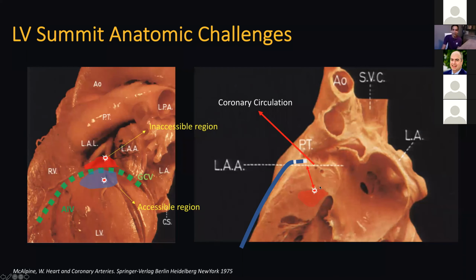So if you're in the GCV, which runs closer to the epicardial surface here, you can probably safely ablate here because the fat can insulate the coronary blood flow and get rid of these LV summit arrhythmias using the GCV here. I'm not saying that you should rely on the epicardial fat. I think if you're in the GCV, you always have to do a coronary angiogram to make sure that you're at least about a half centimeter away from any great epicardial vessels before you apply RF.